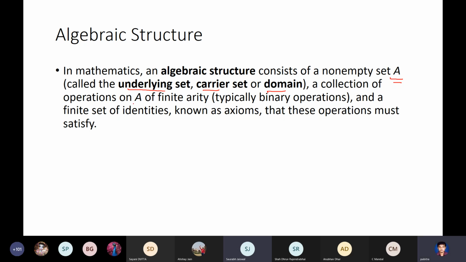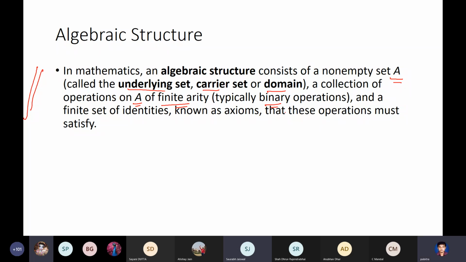And then we have a set of operations. This is a general definition of algebraic structure. We'll see what is a Boolean algebraic structure as a special case of this. The operations are typically binary operations of finite arity. These operations can be like plus or dot or conjunction or disjunction, union, intersection. You can have any operation between the set elements.